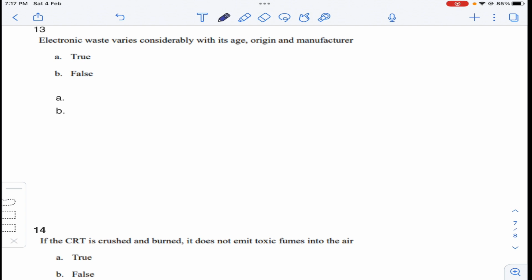Question number 13. Electronic waste varies considerably with its age, origin and manufacturer. Obviously, this is a true statement. The electronic waste generated will be less at smaller ages and very high at medium ages, and as age increases, the e-waste will be less.